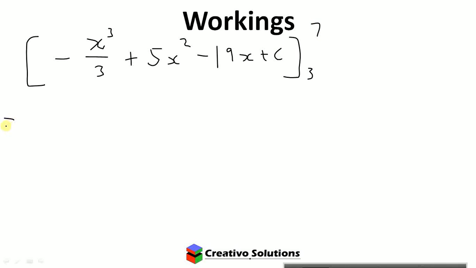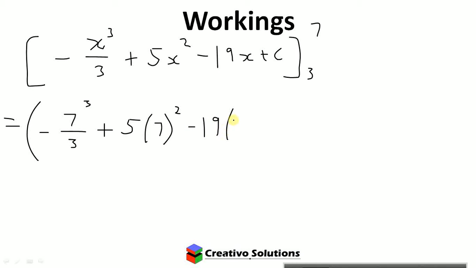So what am I going to do? I'm going to plug it in. Minus 7 to the 3 over 3, plus 5 times 7 squared, minus 19 times 7, plus c.